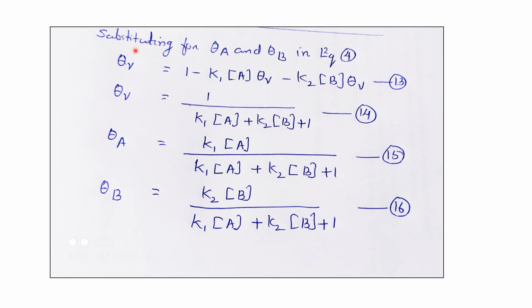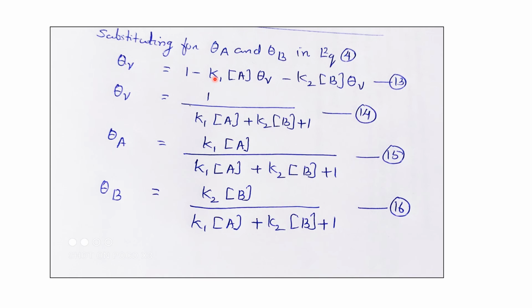Substituting for theta a and theta b in equation 4, we get theta v is equal to 1 minus K1 concentration of A theta v minus K2 concentration of B theta v. This equation can be rearranged to give theta v is equal to 1 minus theta v into bracket K1A plus K2B.